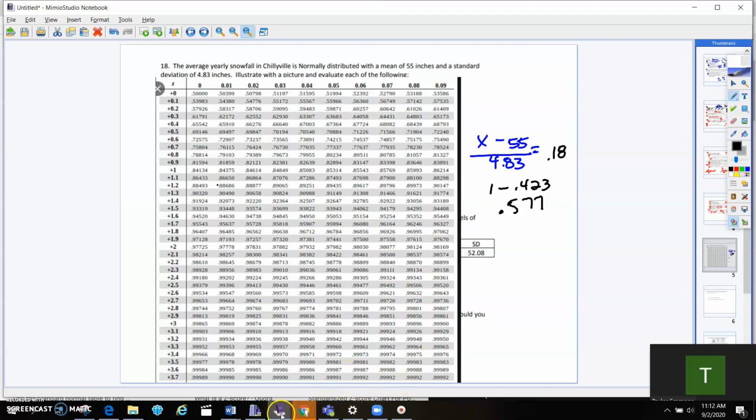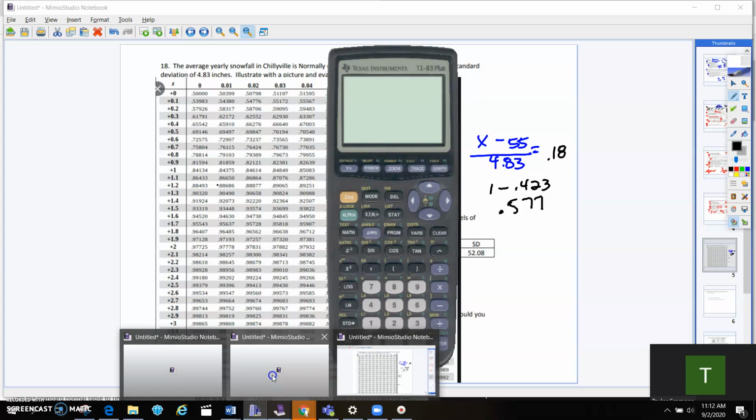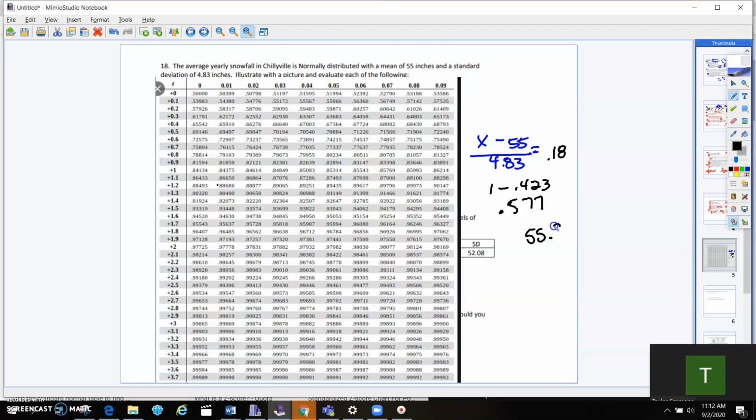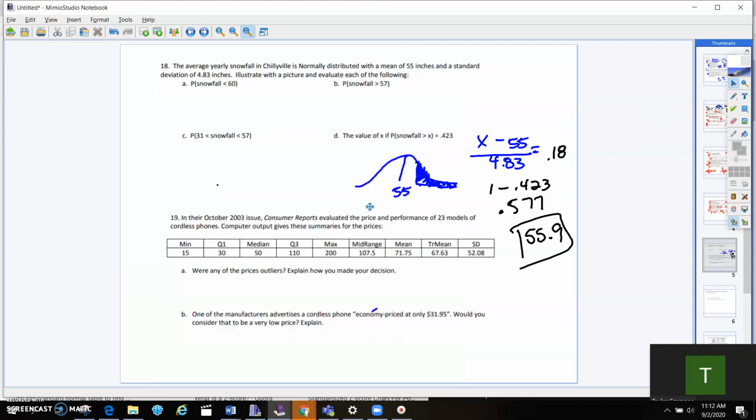So calculator, I'm going to take 0.18 times 4.83, and then I'm going to add 55 to it, and that's going to give me roughly 55.9, and that's the number that's actually going to make that probability true. Okay, and I know that was a lot of information, but you got to know how to do it.